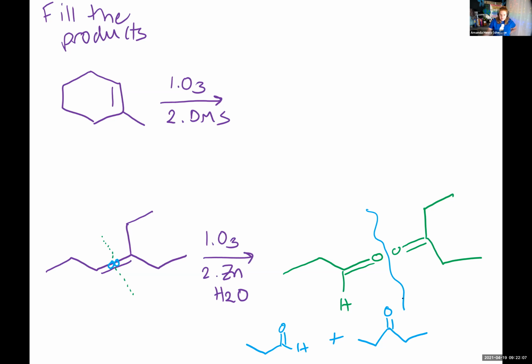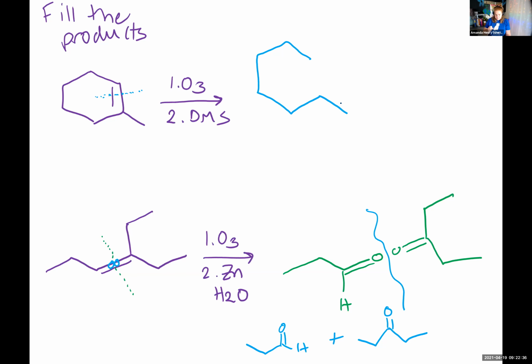Okay, let's look at the one above it then. So we have an alkene. We're reacting it with ozone. We have all the right components. We're going to break that bond between our two vinylic carbons, but they're in a ring, so they're not really breaking away from each other. So I'm going to draw this two ways. We're going to kind of do what we did on the bottom one there. We're going to draw it one way where it's not very pretty, and then the other way.